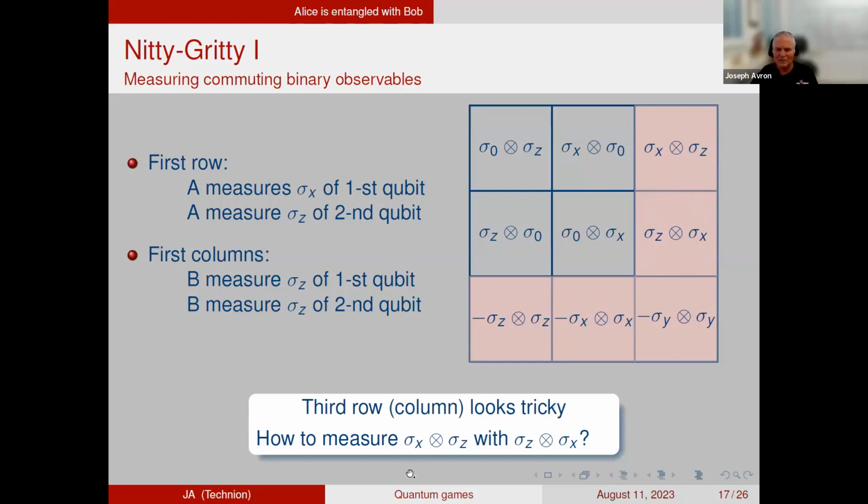So the question is, how do you measure commuting observables? It's true that this observable commutes with this one, but how do you measure it? You can't measure on the first qubit and then measure on the second qubit. You must do something more sophisticated.